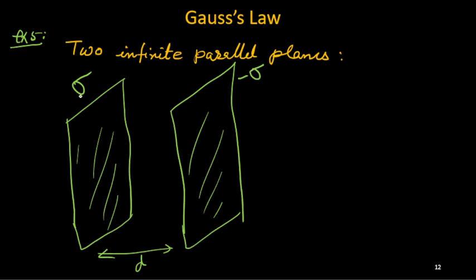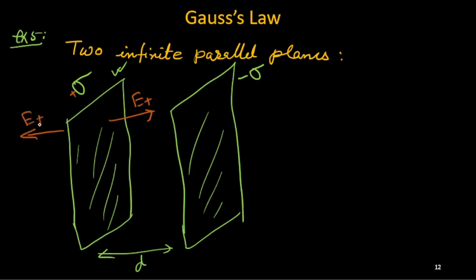Now consider that only this first plate is present, and the second plate is absent. For this, what electric field will we get? I have already said that the electric field is perpendicular to the surface. If it is positive, it is outward. This is the electric field, which I will note as E plus for the positive charge, positive sigma. On this side also it is E plus.